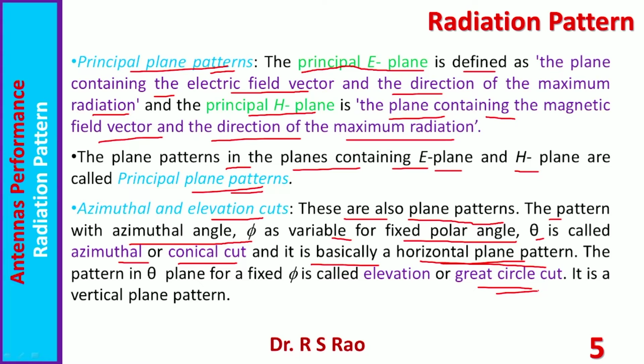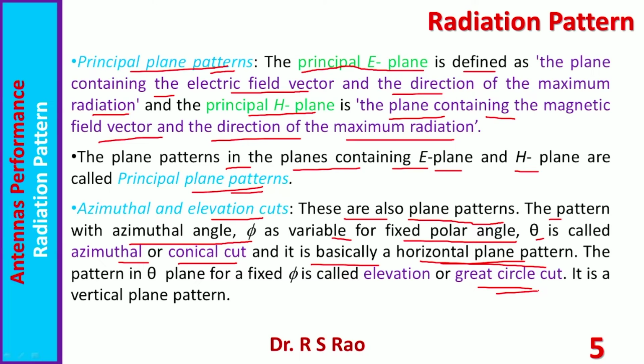So till now, while going through this slide and the previous slide, we come across terms like space pattern. Space pattern is the real pattern, the actual pattern, but it is three-dimensional. We also come across a plane pattern. The term plane pattern is one which can be put on a piece of paper, a two-dimensional one.